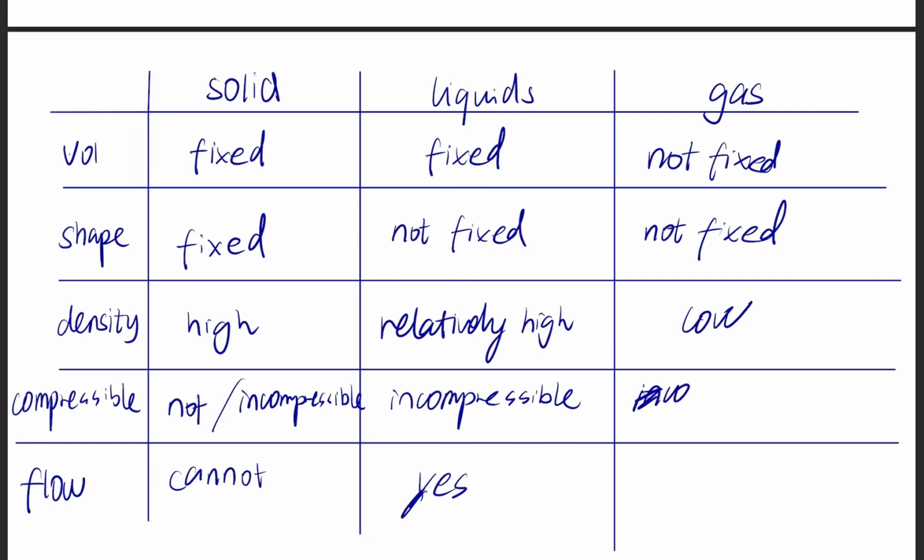It's highly compressible. And for the flow, it can flow. So these are somewhat of an observation. We have got them, and now we're going to look at some application of these.